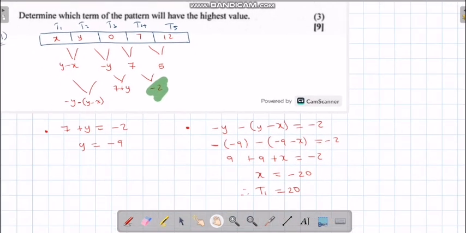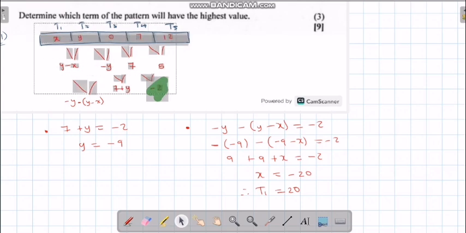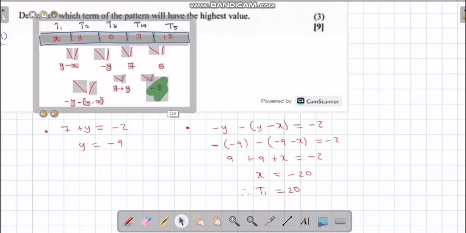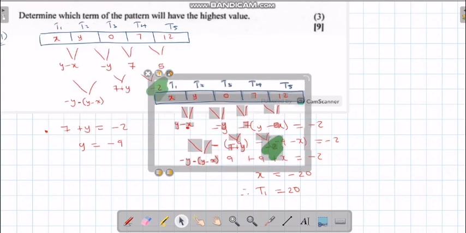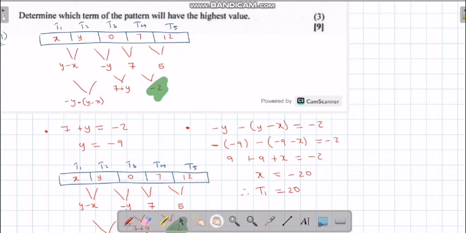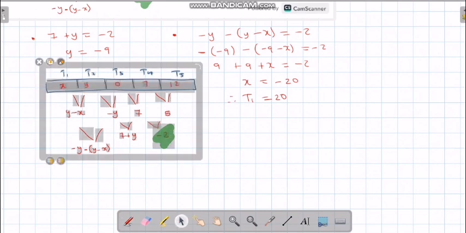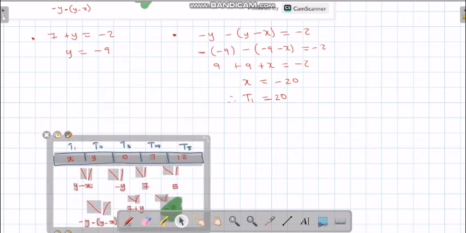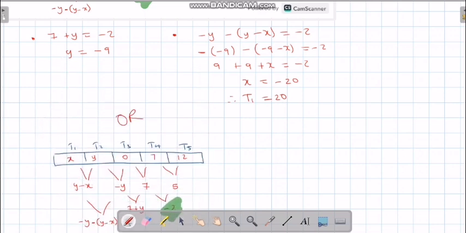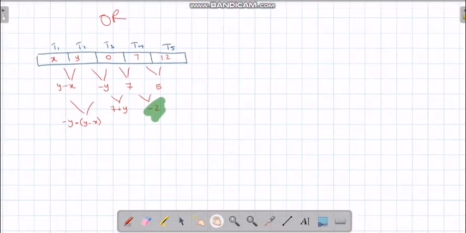Okay. Let's check another way that we can apply. Okay, I'll take this thing again. Copy and paste. Okay, so now let me erase this part.